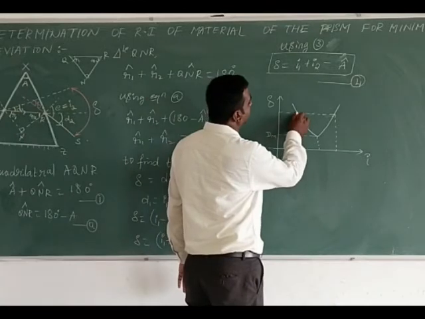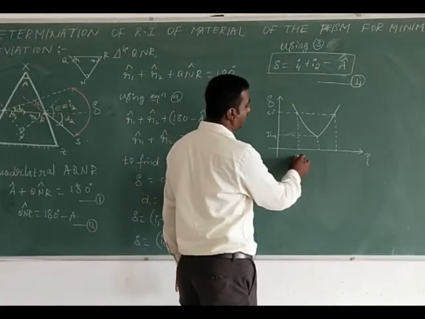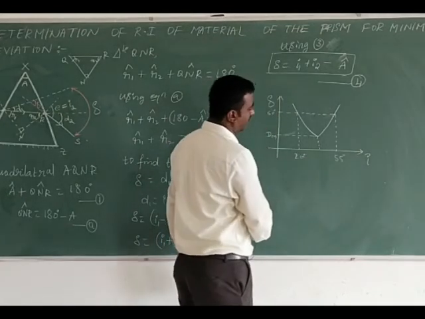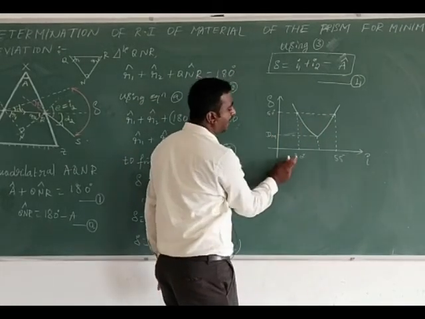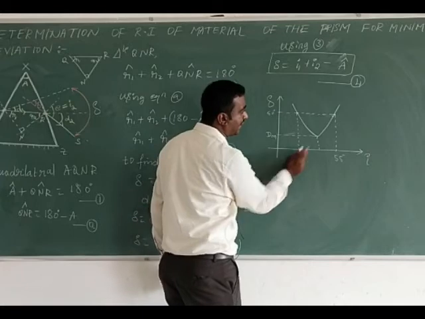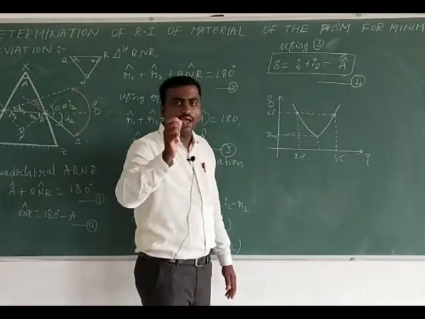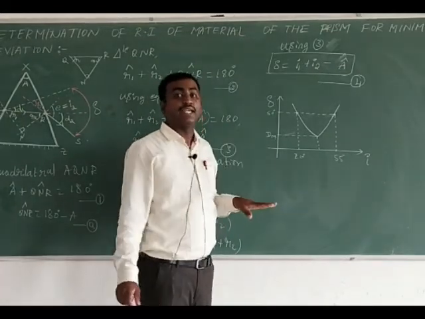For example, here the deviation I am going to take is some 50 degrees, and here the angle of incidence is initially 20 degrees and here it is some 55 degrees. Look here, the deviation is the same, 50 degrees, but the angle of incidence at this point is 20 degrees and here it is 55 degrees. That is the reason why for every angle of deviation there are two angles of incidence.